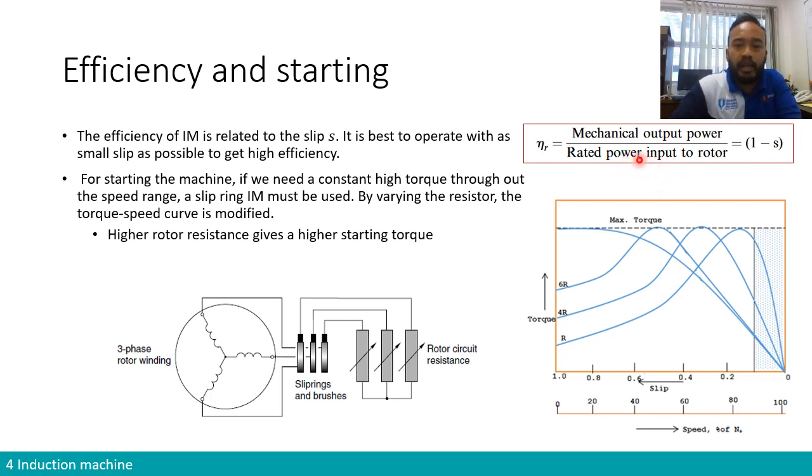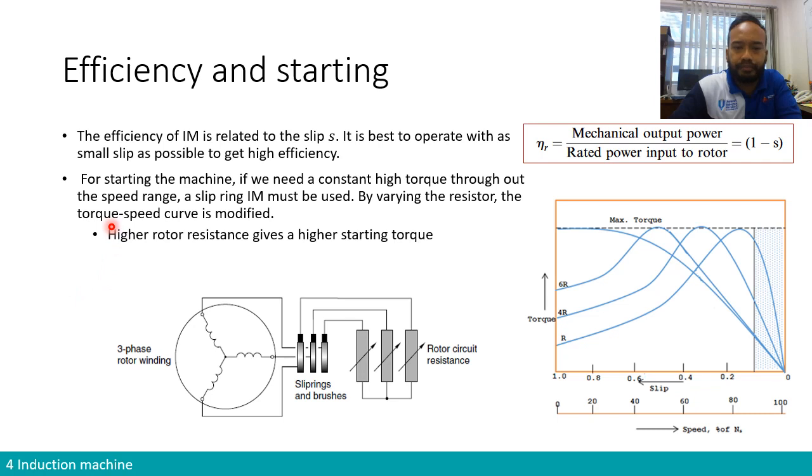But if you don't have that, then just by looking at the slip, the formula is simply 1 minus the slip. So the efficiency of the rotor is equal to 1 minus the slip.